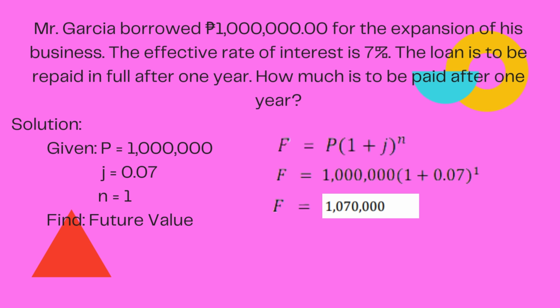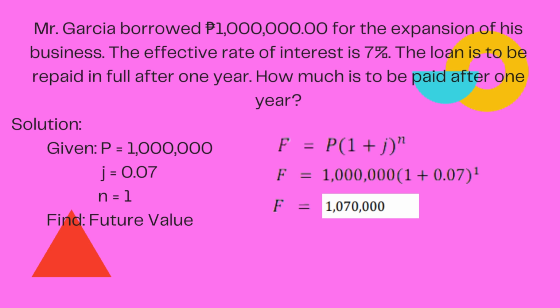So in solving this problem, we'll have to find first what is given in the problem. Here we have the principal amount borrowed or loan, which is 1 million pesos, which is represented by capital letter P. And then we have here represented with small letter j the interest rate of 7%, which is already converted into decimal form, which is 0.07.